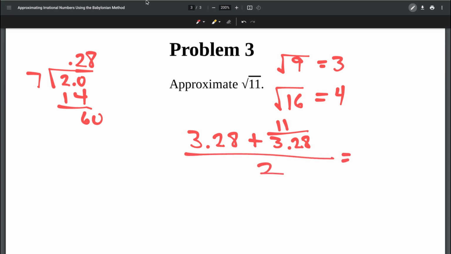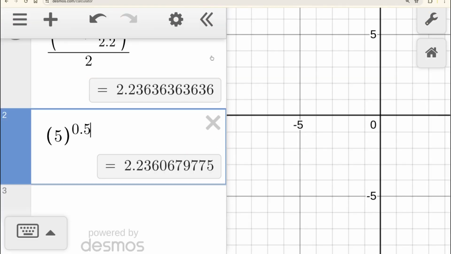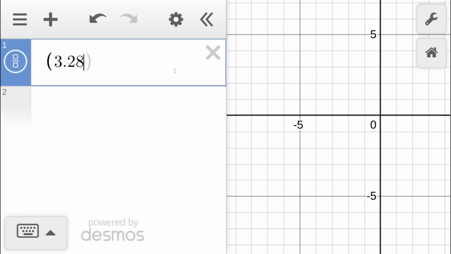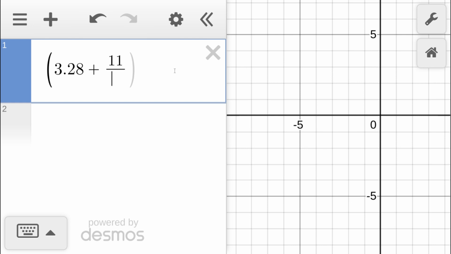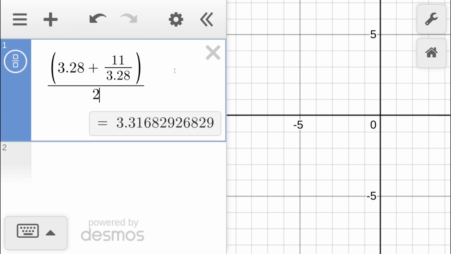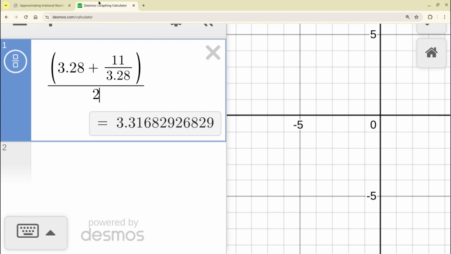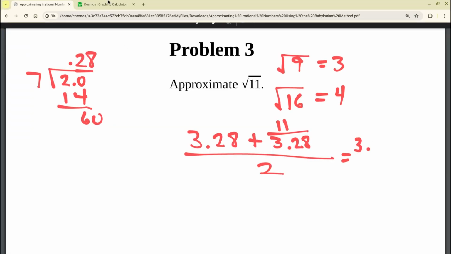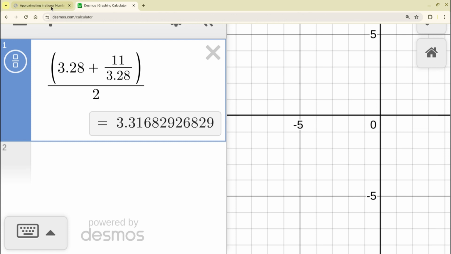What does that equal? So we'll do 3.28 plus 11 divided by 3.28. Divide that by 2, and we get 3.316829.